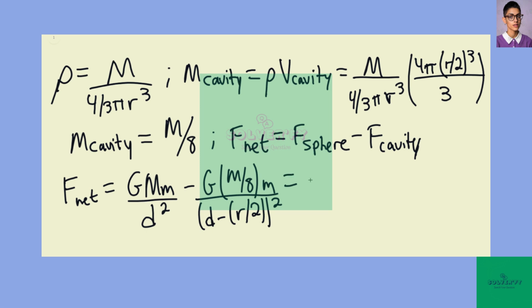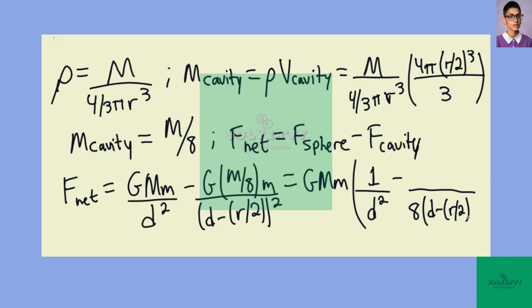And so this is giving us G times M times lowercase m times 1 over d squared minus 8 times d minus r over 2 quantity squared.